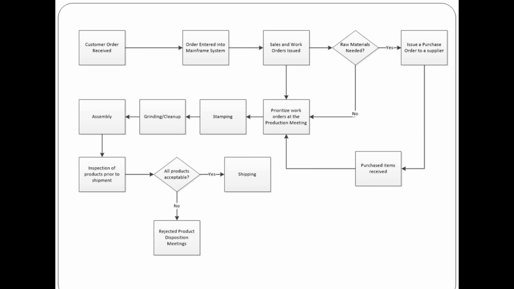Sales and work orders issued towards the middle there on the top. Is that a standalone process? Issue a purchase order to a supplier. Is that a standalone process? Order entered into mainframe system. Is that truly a standalone process? And furthermore, are these all of the processes of the quality management system? Are these all of the things that make up what this organization does?